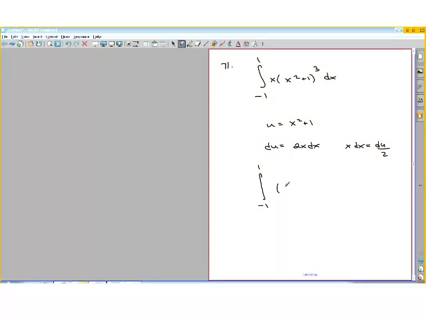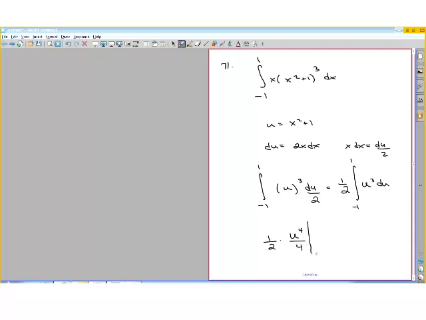The term in the parentheses is u, so we get u cubed times du over 2, which is the same as, you can factor out the 2 in the denominator as a half. So we have the integral of u cubed du. So now we integrate with respect to u. We have a constant still. We get u to the 4th, adding 1 to that exponent, dividing by the new exponent 4.